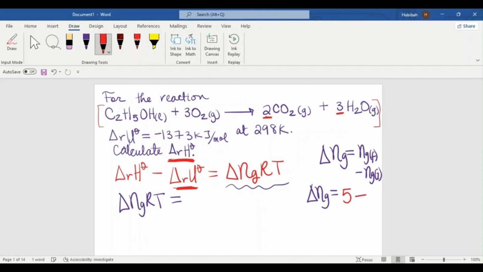And then that minus the number of gases for the initial state, so before the reaction occurred. We see that ethanol is not a gas, so we can't count that. But we reacted ethanol with 3 molecules of oxygen gas in order for the reaction to take place. So that's going to be 5 minus 3. So the change in the number of gases for the reaction is 2.